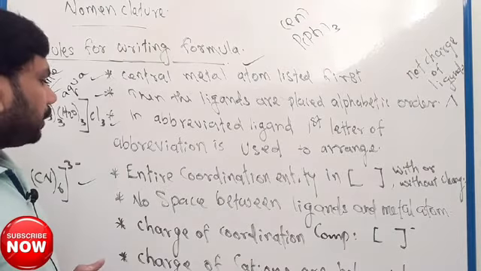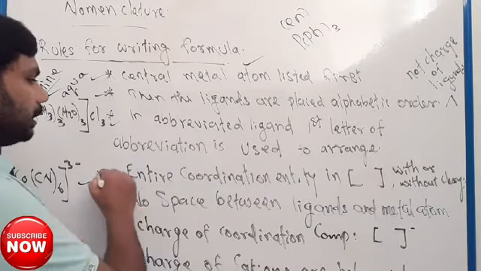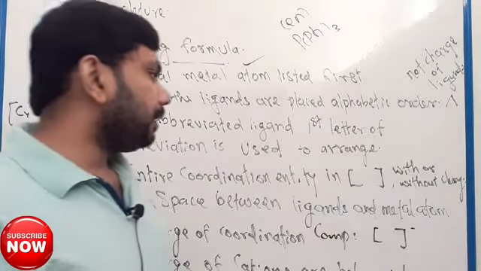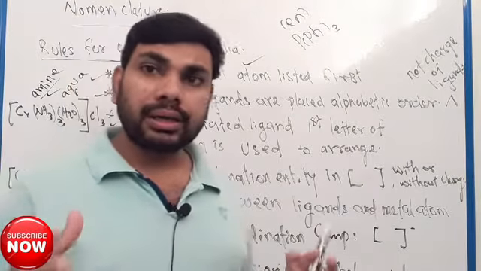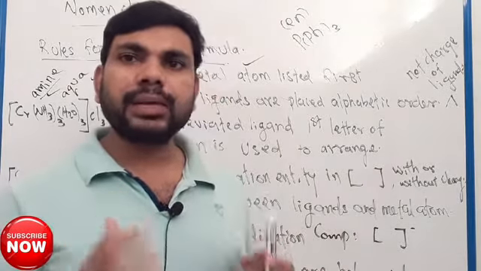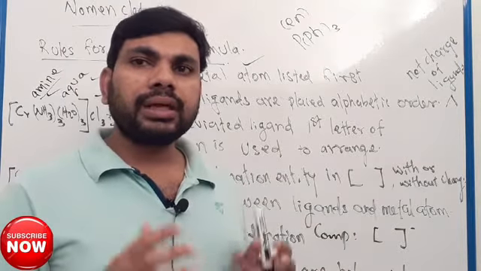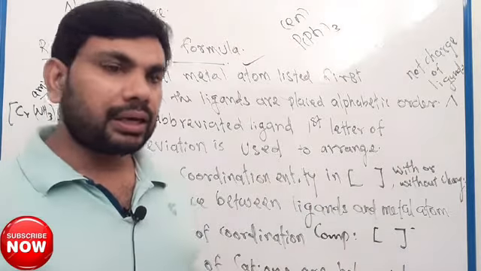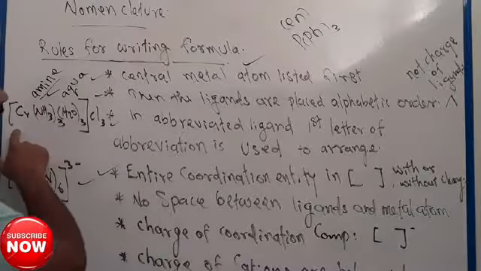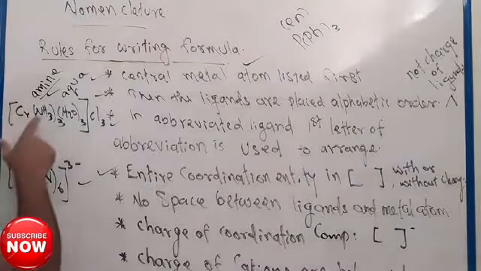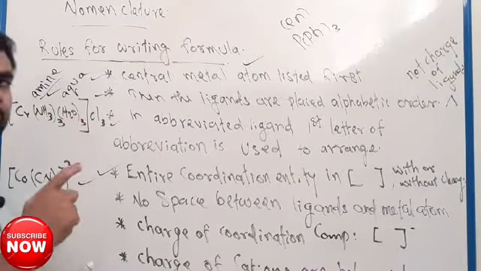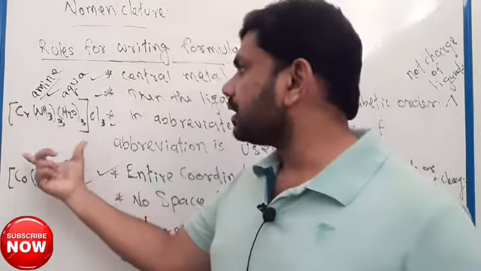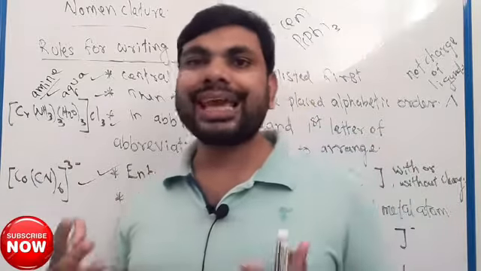Okay, next one, we have to understand the entire coordination entity. Here the ligands and central metal atom are enclosed in a square bracket. We discussed before, this part is called the coordination entity.